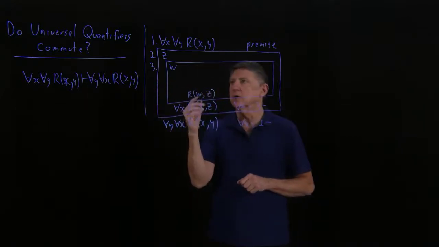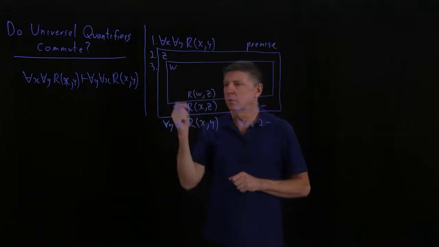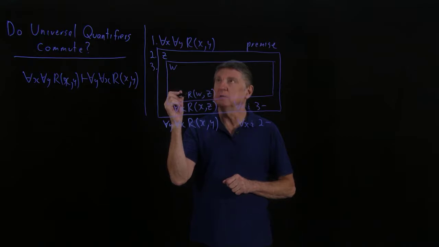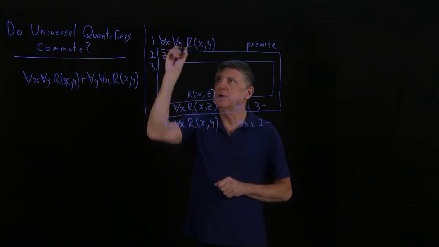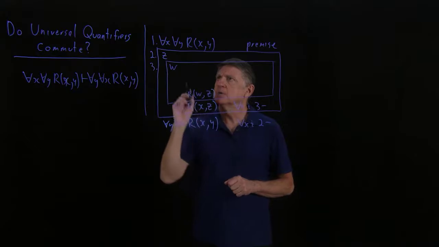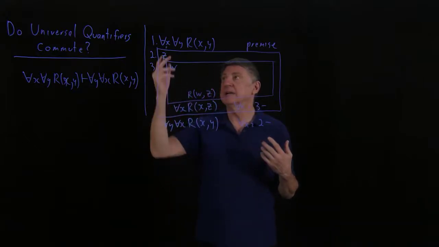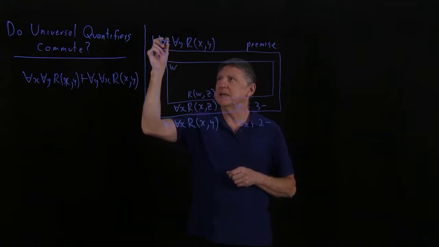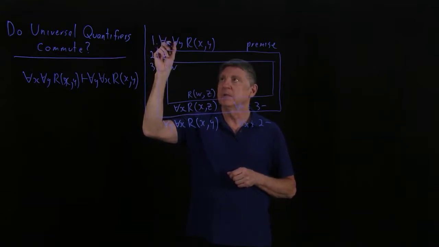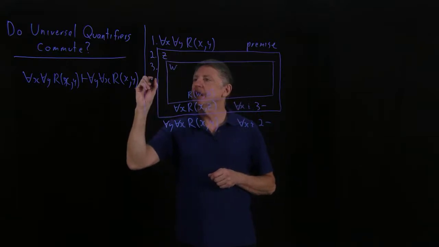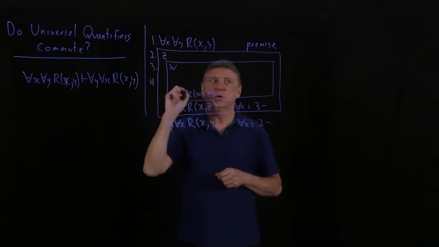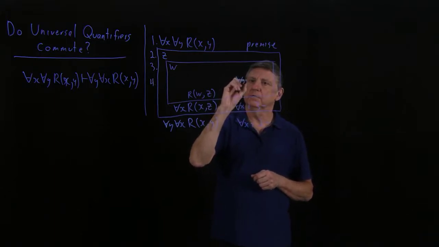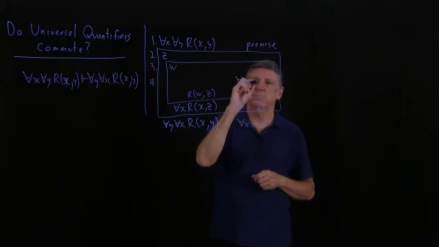I now take a look and say, what can I do? Well, what I want to do is conclude this, and it looks like it's somehow buried inside these quantifiers. So the only thing left now is I have to do some forward reasoning. And the forward reasoning I need to do is get rid of this quantifier. So that means that line 4 is going to have to be a universal elimination based on line 1.